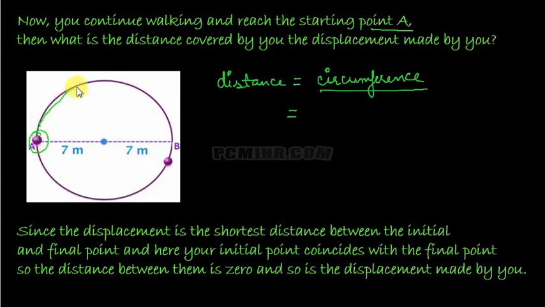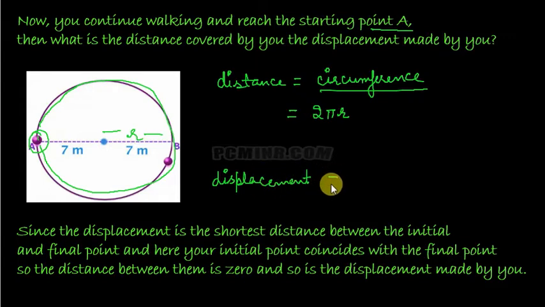So you go from here, then you took this complete round. So you have covered the actual length of the path as the circumference of the circle. And since we take the radius as r, the distance is 2 pi r. But you know what? How much is the displacement you have made?